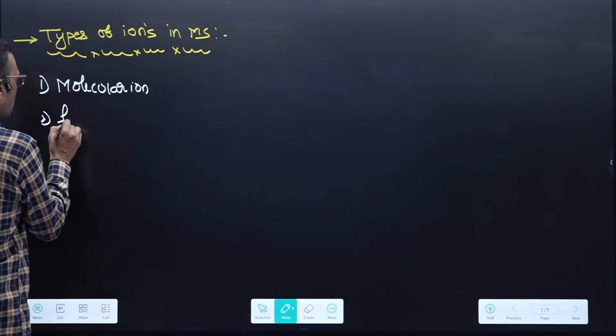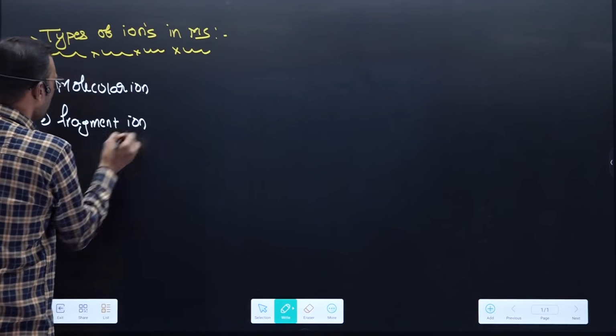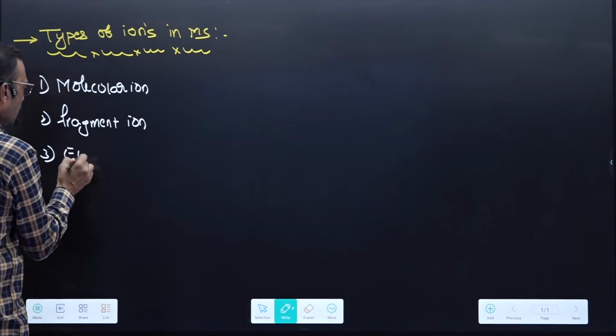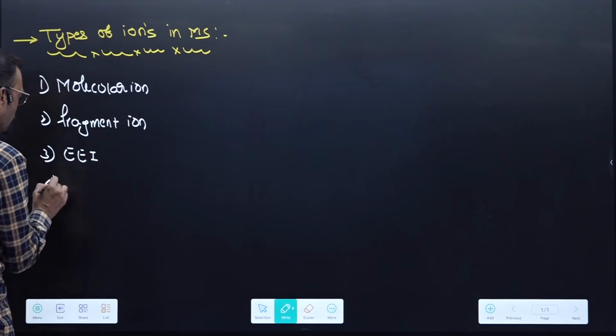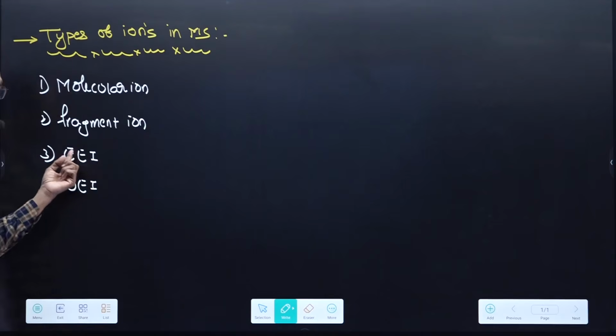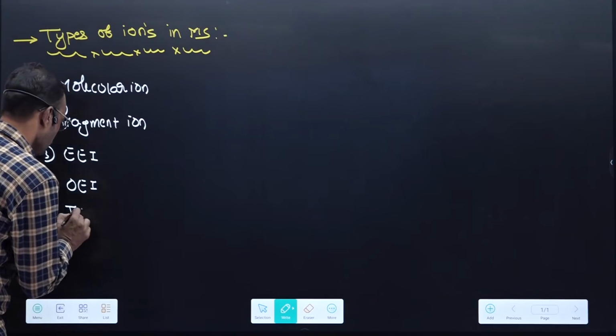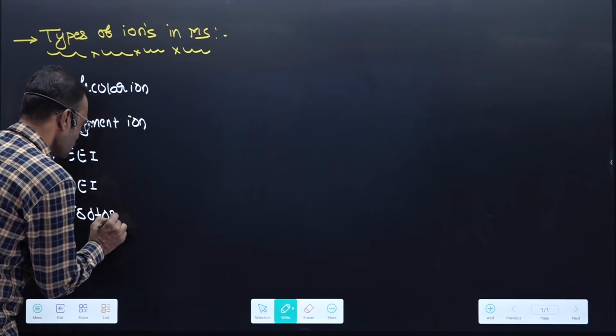Second one is a fragment ion. Third one is even electron ion. Fourth one is odd electron ion. Then one more is there, isotopic ion.